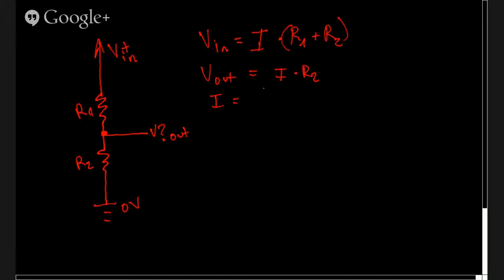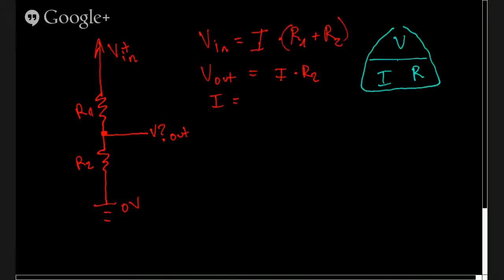We can take our triangle. Oh, I should have drawn the triangle first. This is a good way to know. You will want to memorize Ohm's law. It's pretty easy, and we can draw a little triangle here. This is an easy way to remember it.